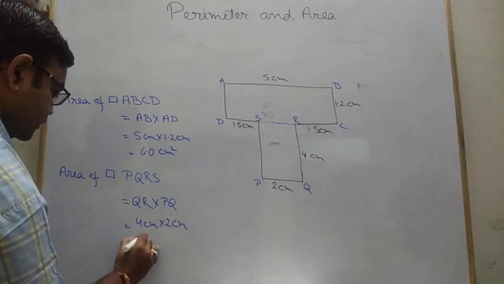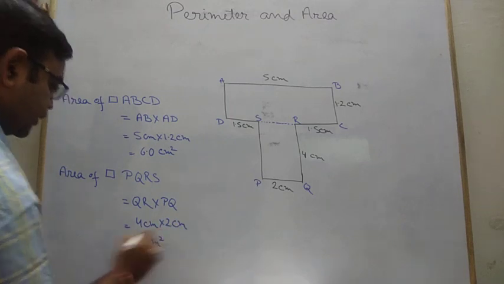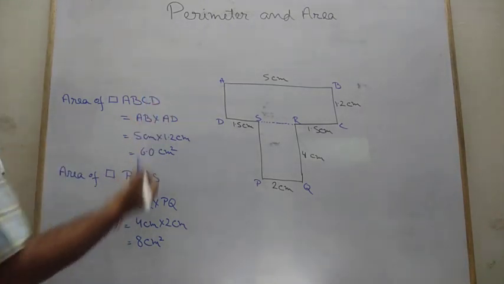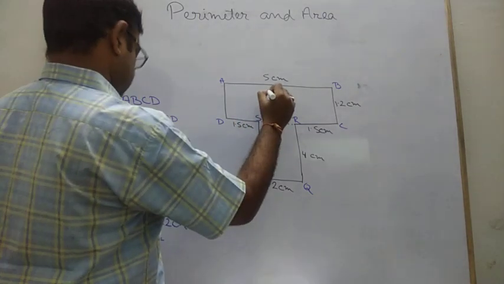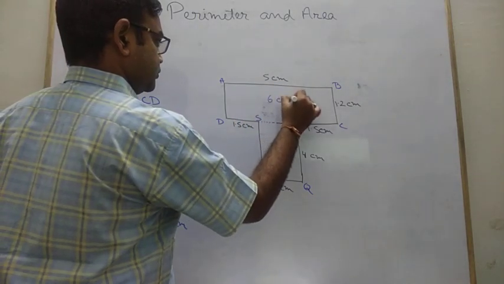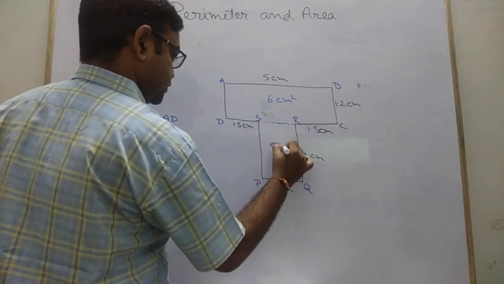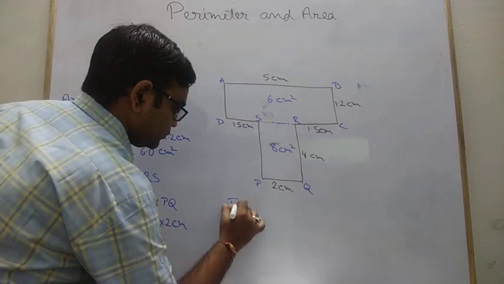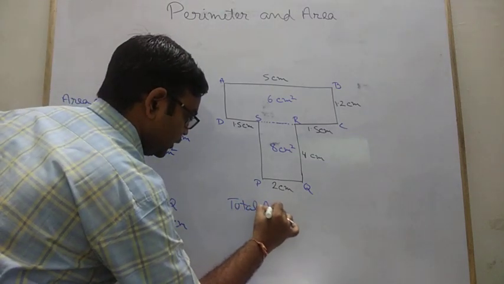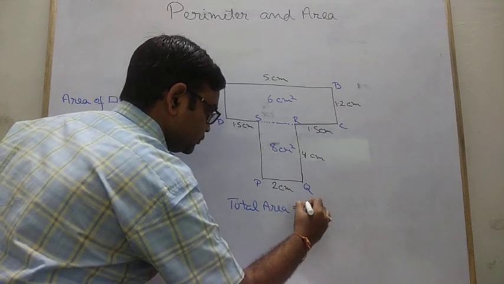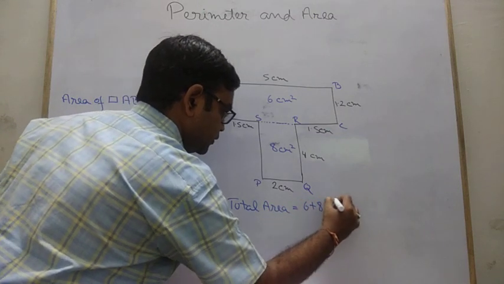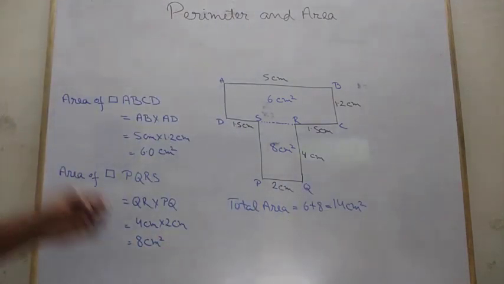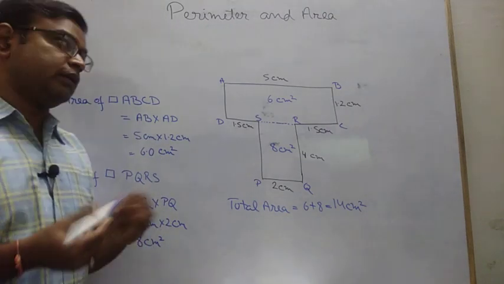It's 8 centimeter square. Now we have both areas, area ABCD and area PQRS. Means what? This is your 6 centimeter square. This is your 8 centimeter square. Clear? So what is the total area? So here we can write down total area equals to 6 plus 8 equals to 14 centimeter square. Clear? So likewise you can solve such type of questions.